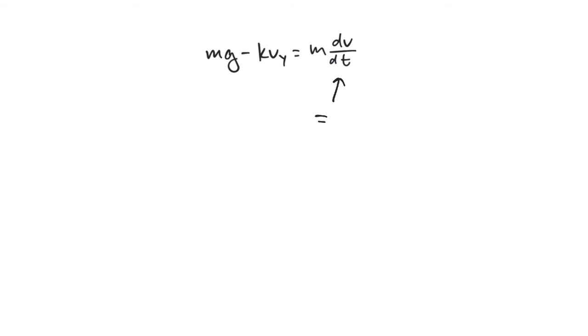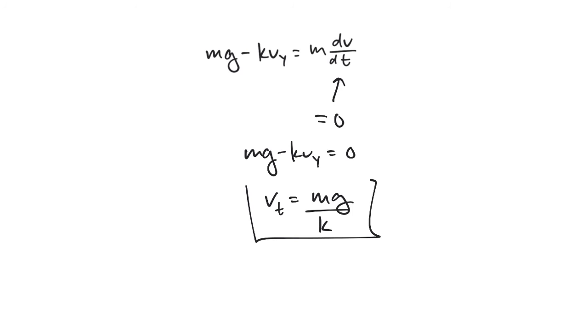So that makes this equal 0. We'll have mg minus kv_y equals 0. That means at terminal velocity, which I'm changing to v_t because that's terminal, v_t equals mg over k. That guy's pretty easy. That's terminal velocity. Woo. No calculus involved.